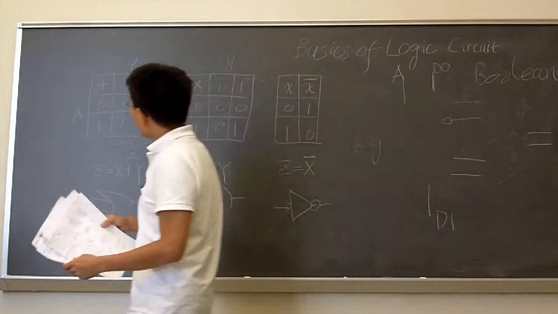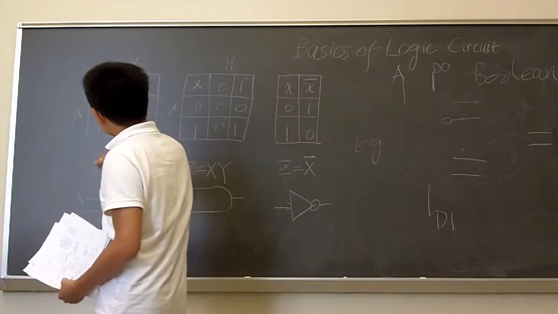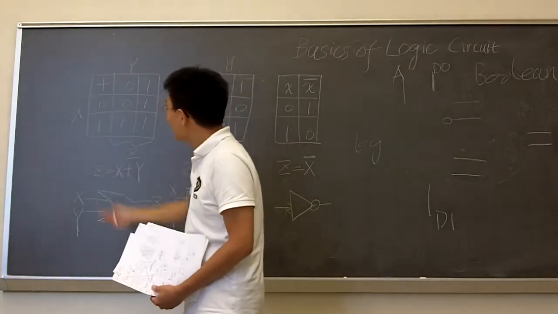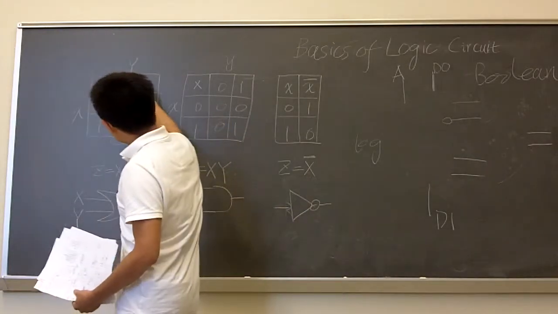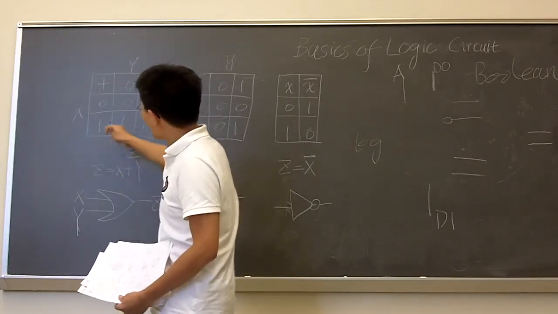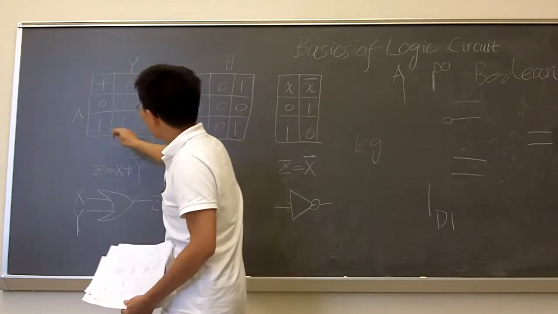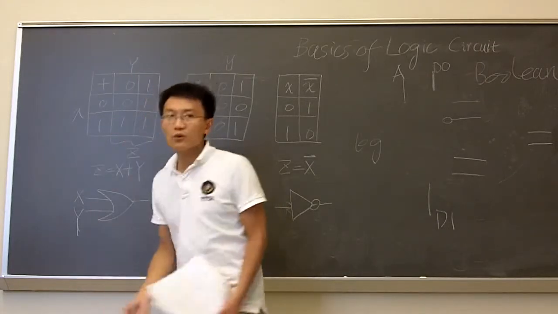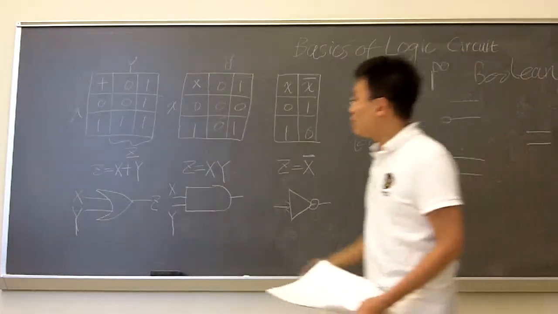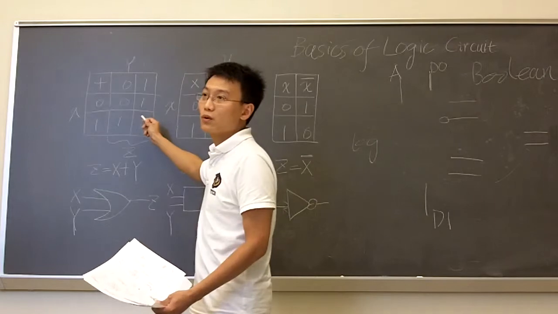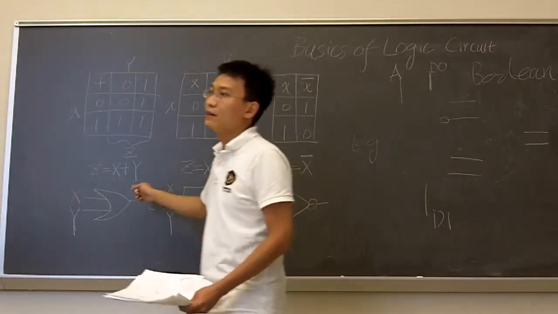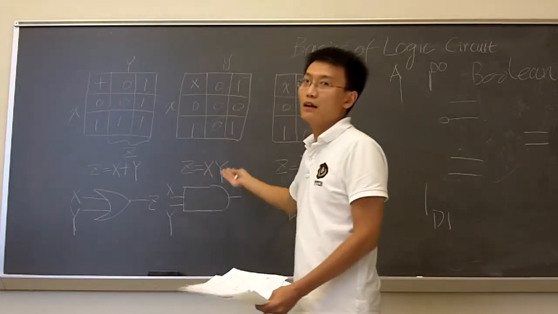For addition, there are two inputs, x and y. The output is z, and 0 plus 0 is 0, 0 plus 1 is 1, 1 plus 0 is 1, 1 plus 1 is 1. You may feel this is a little weird. Why is 1 plus 1 equal to 1, not 2? This is just the definition of Boolean algebra.